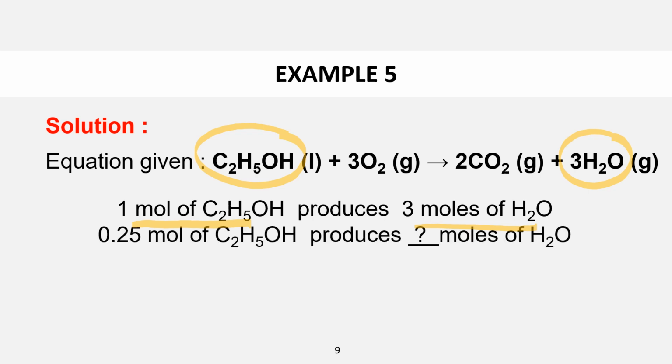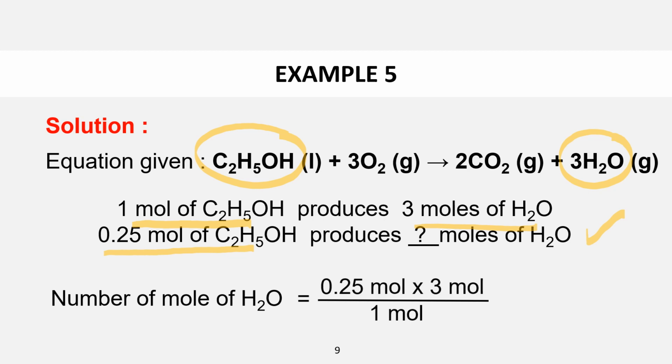Thus, if 0.25 mole of ethanol reacted, how many moles of H2O are formed? To determine this, we can use the cross-multiply method. Thus, we will obtain the number of moles of water formed, which equals 0.75 mole.